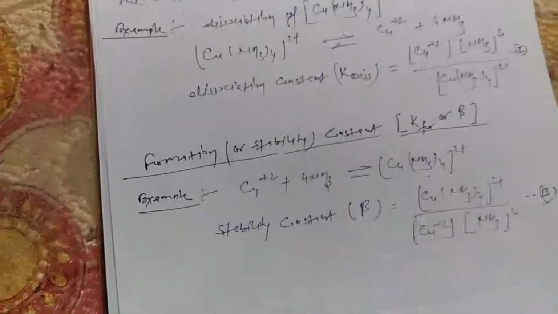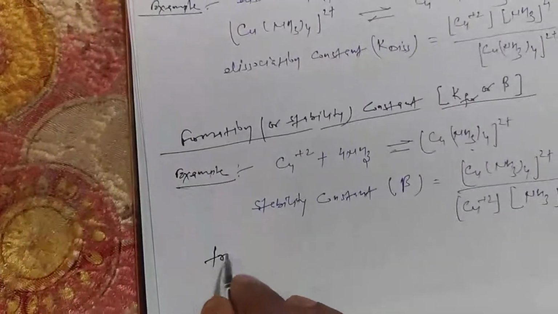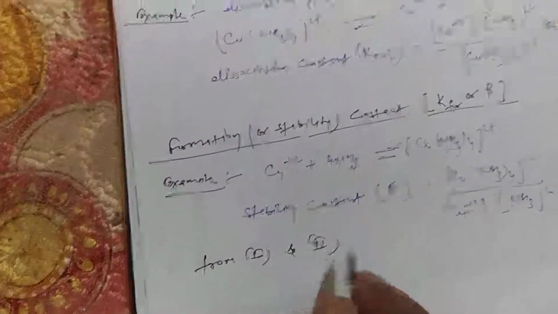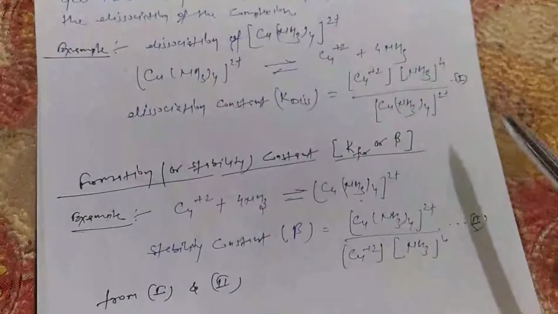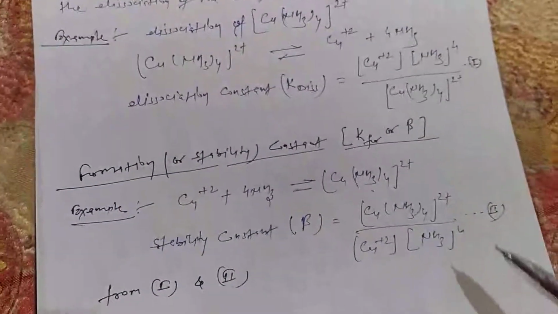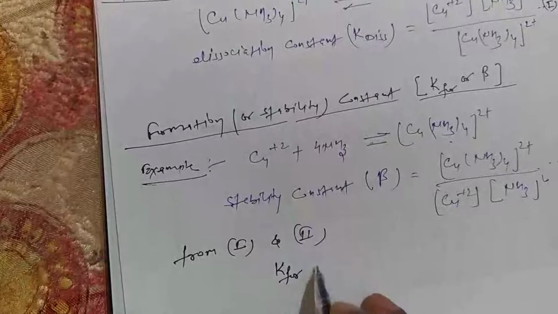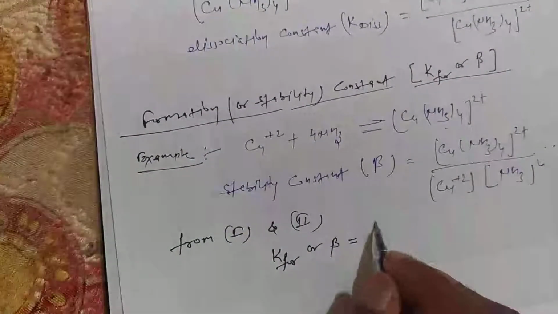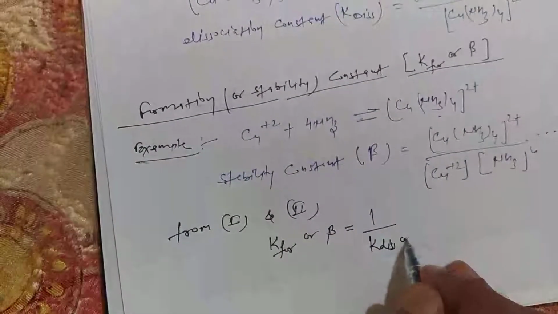Got it? So from equation number 1 and 2, you can see that equation number 1 and equation number 2 are just opposite to each other. They are reverse of each other. So we can say that the K_f or beta equals 1 upon K dissociation, or Ki.